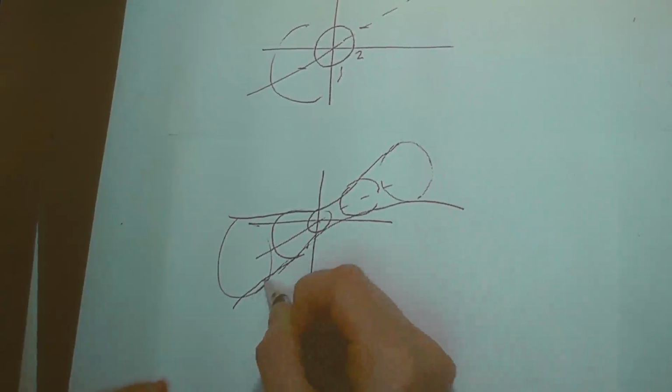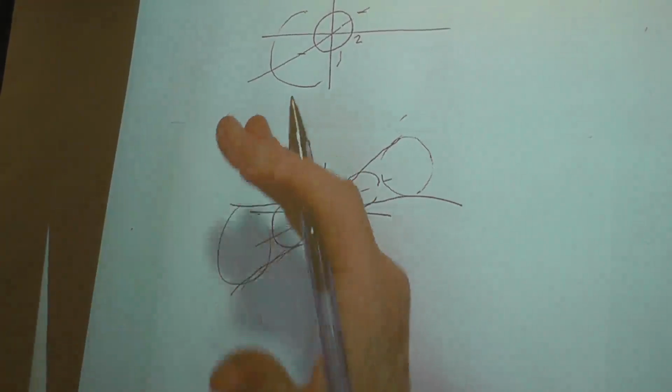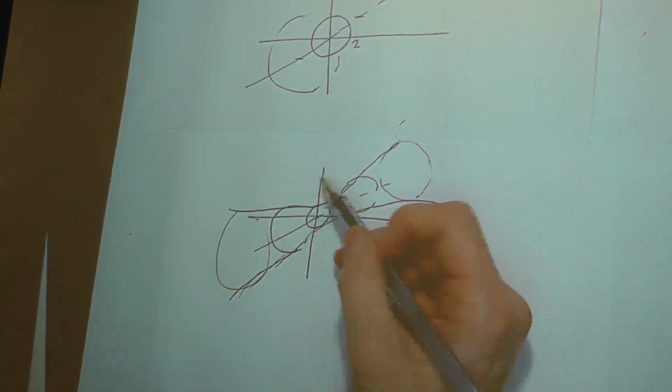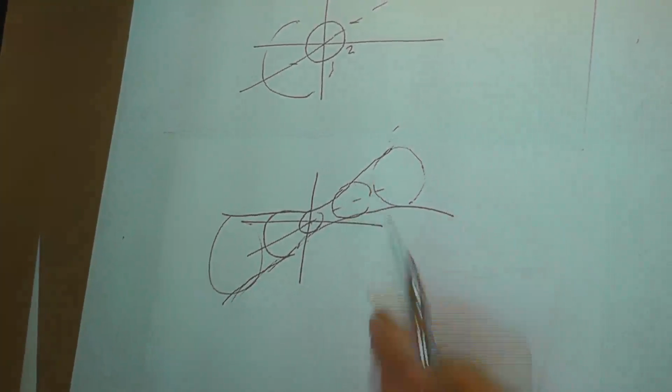What I'm going to get is a 3-dimensional shape, somewhat like this. All my cross sections parallel to the YZ plane are circles. It's kind of like that cooling tower in nuclear plants, but it's on its side. You guys see?